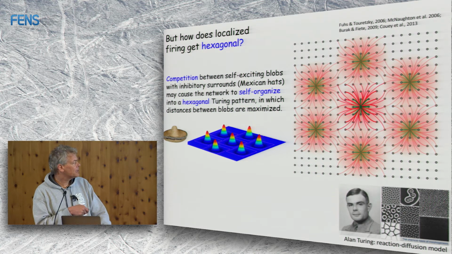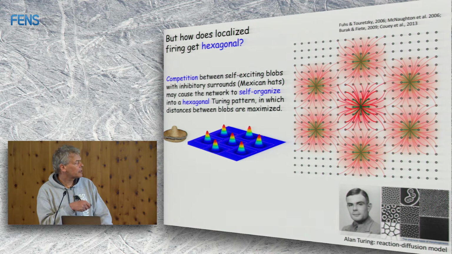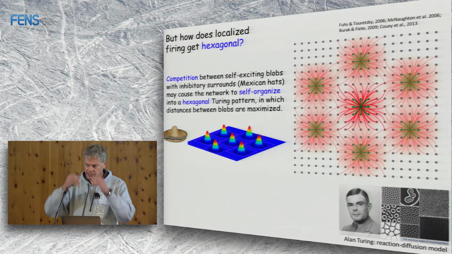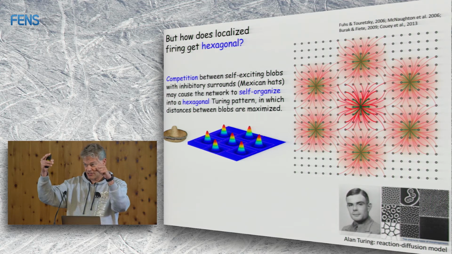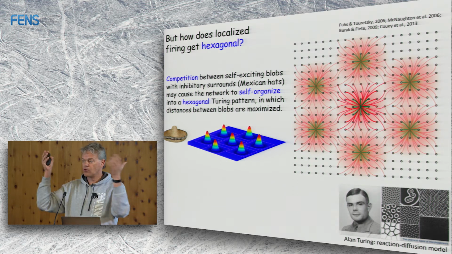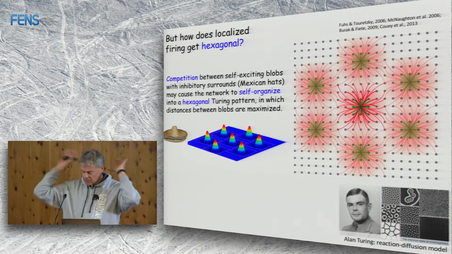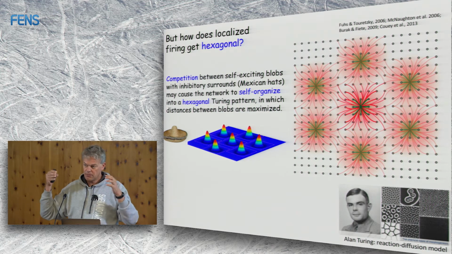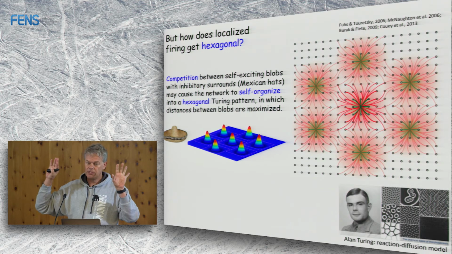So it will organize in a hexagonal pattern, like you have here. That's because they all excite each other, but they also inhibit each other, and if you inhibit in a circular area around each one, then the most stable pattern is the one where they are as far away from each other as possible.